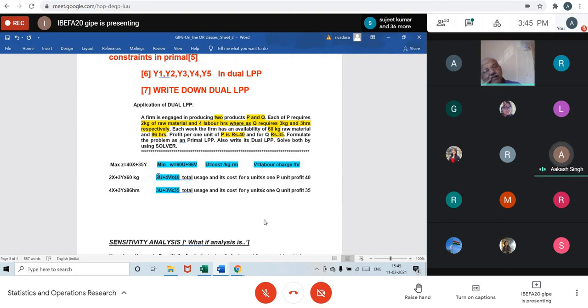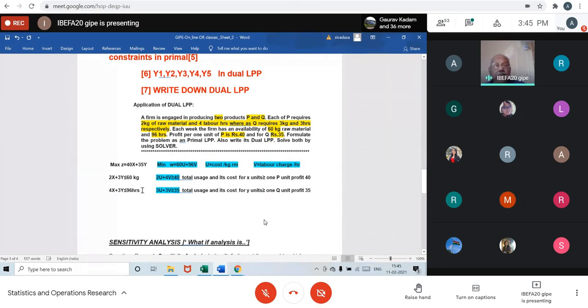Minimizing cost of material as well as labor. Minimize the materials used and the hours. So how many variables do I have? 2. One is related to material and the other is related to labor.